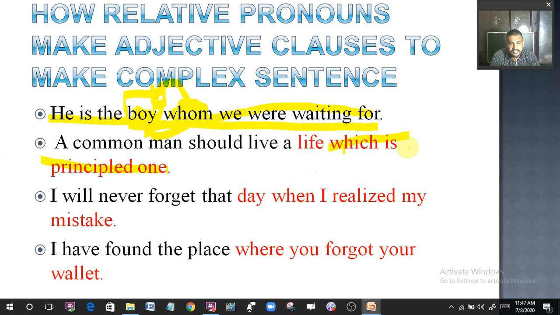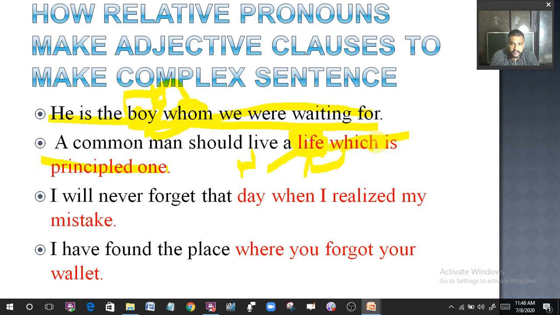And this which is principled one is describing the kind of life a common man should live. So it is talking about this word life, which is actually the phenomenon of living, and which is also a noun. So this which is describing this particular noun life, that is why it is the head word, and which would be here the subordinating conjunction.